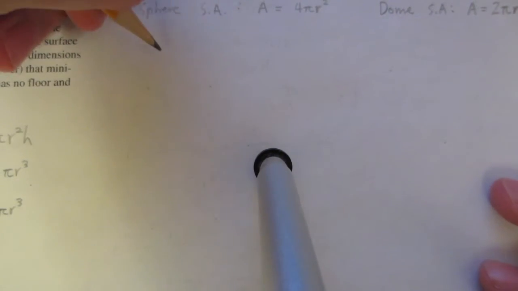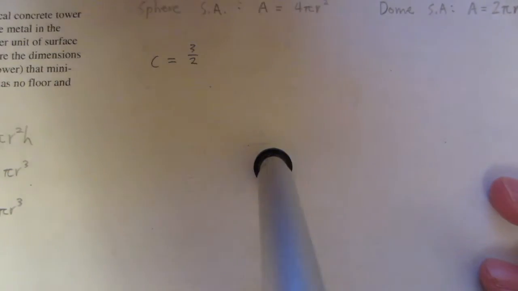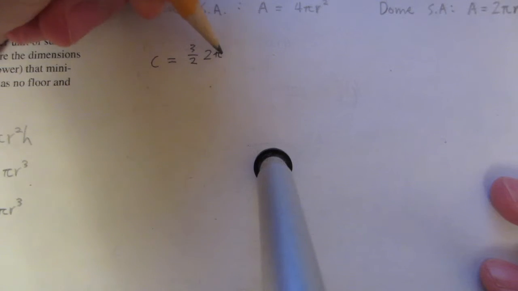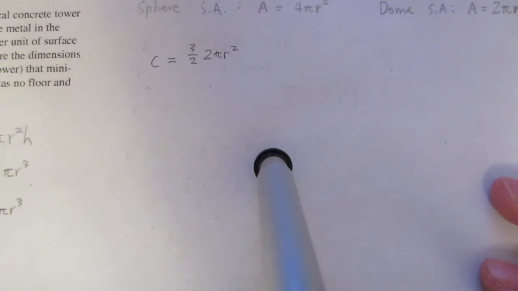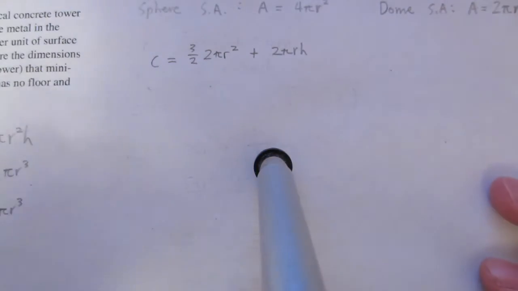So the total cost is equal to 3 over 2 times the dome's surface area, since the dome is 1.5 times more costly than the cylinder, plus 2 pi r times height.